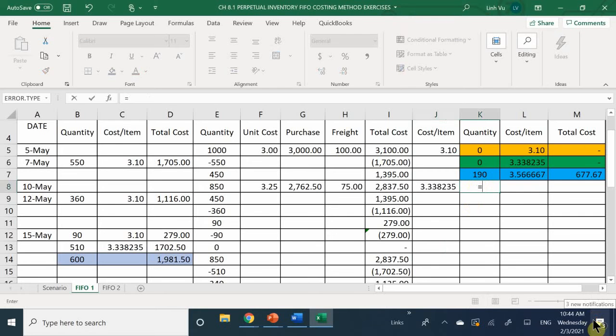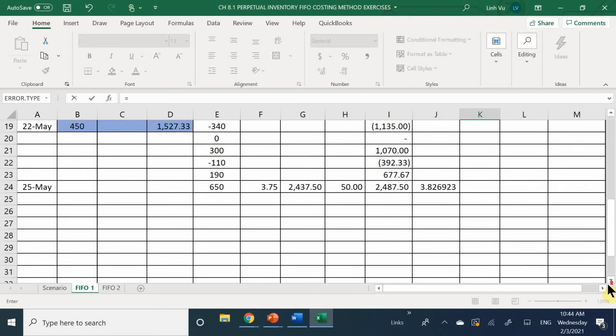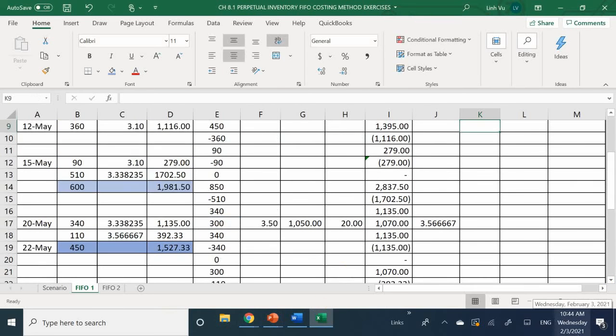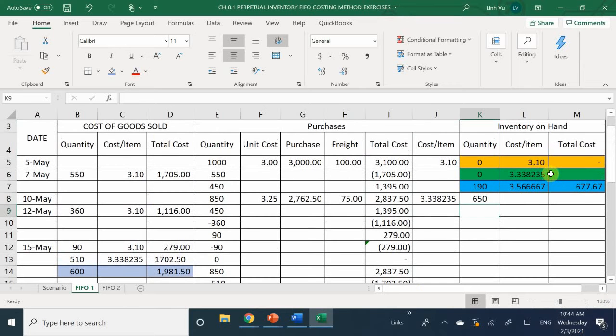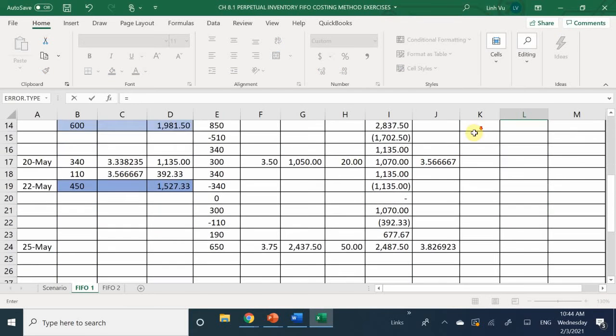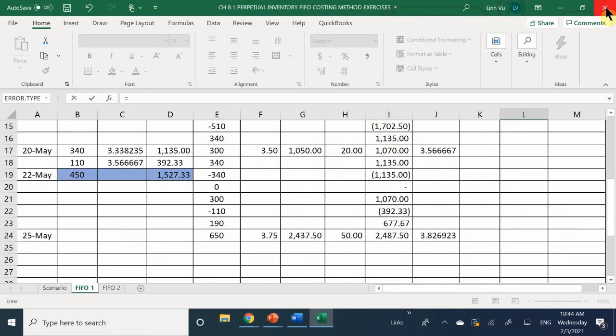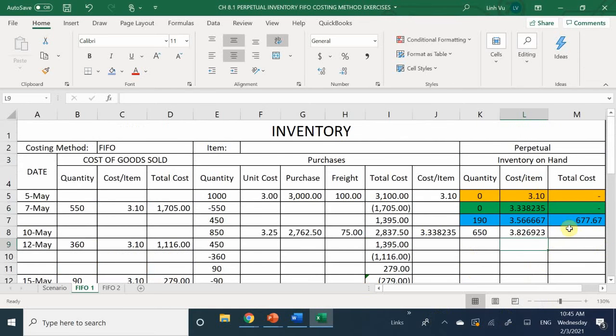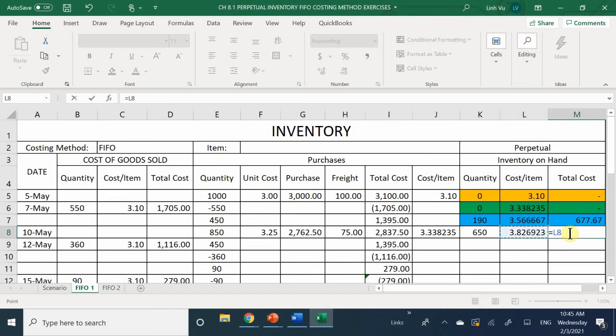Okay. So I'm going to go ahead and plug this information into my inventory on hand. So again, 650, and the cost per item is going to be this $3.8269. Okay, and of course, the formula here is to multiply them across, giving you a total of this.